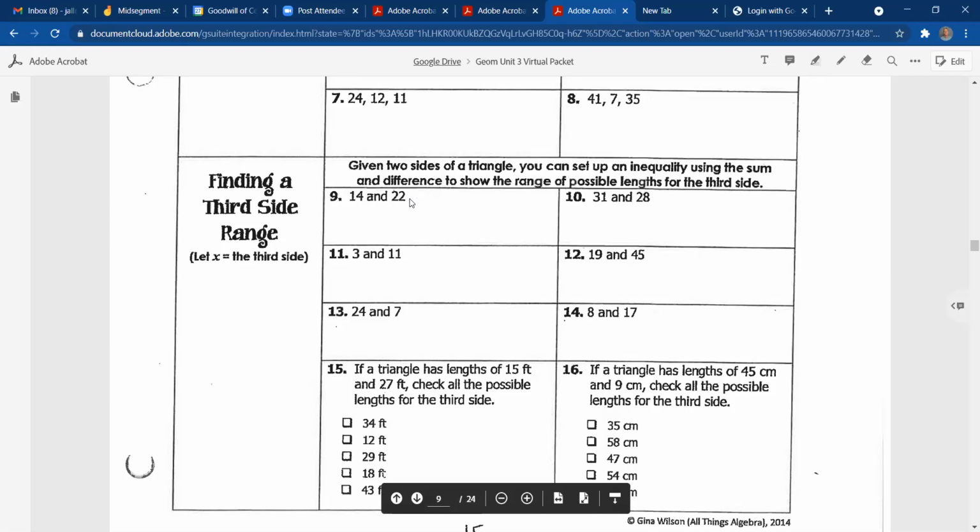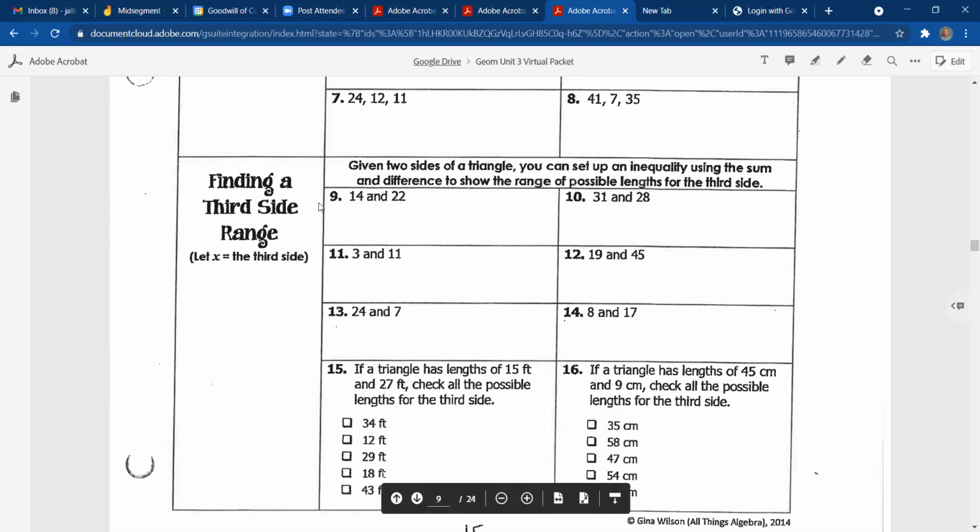Remember, if these are the short sides added together, they have to be bigger than the third side. So what's the most the third side could be? 35. 35, exactly right. Because 14 and 22 is 36. We can't go over that. We got to be less than 36. We can't even be equal to it. It's got to be less than.